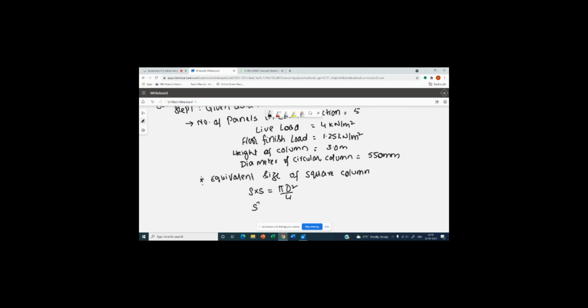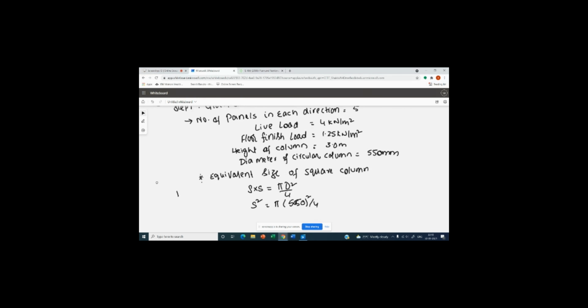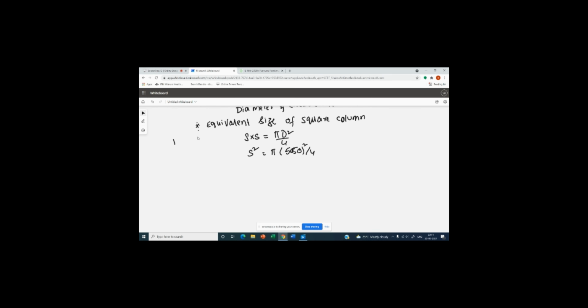So S square is equal to pi into 550 whole square by 4. From this we get the equivalent side of the column. So the equivalent size will be 500 mm.